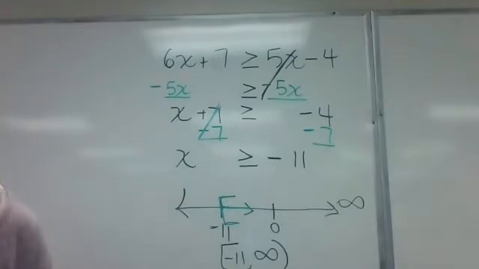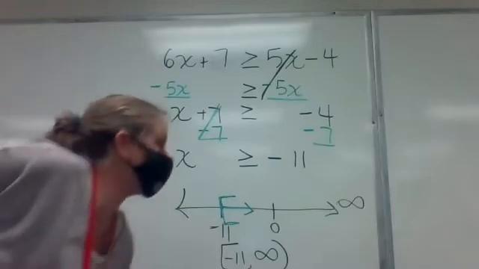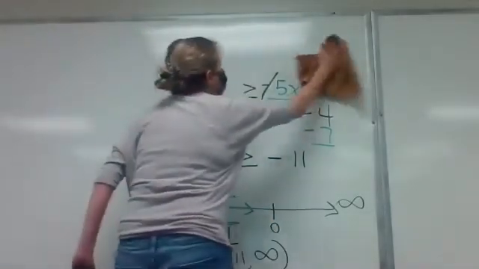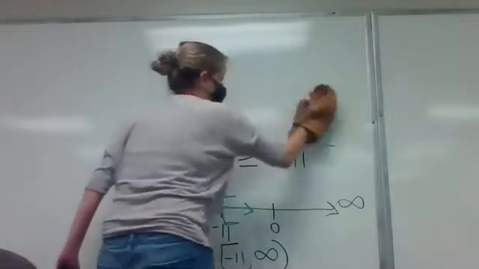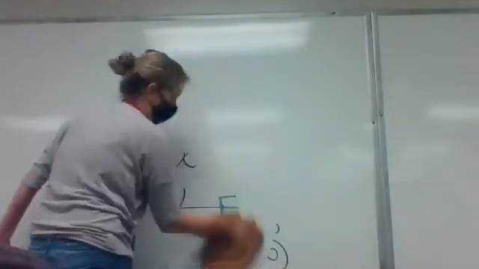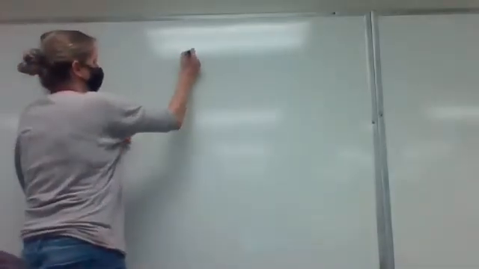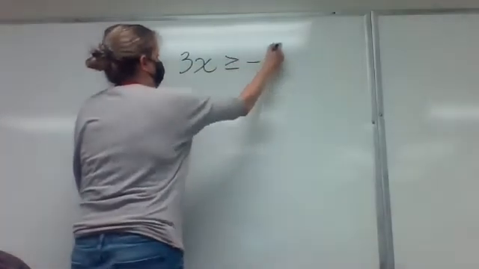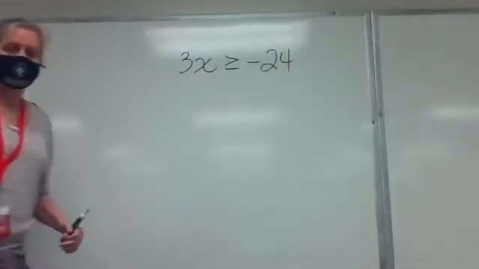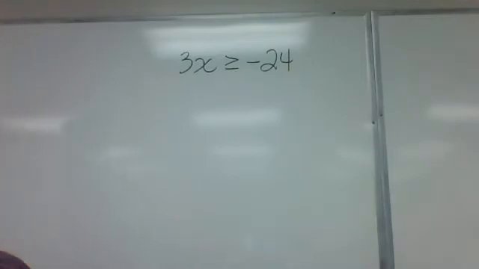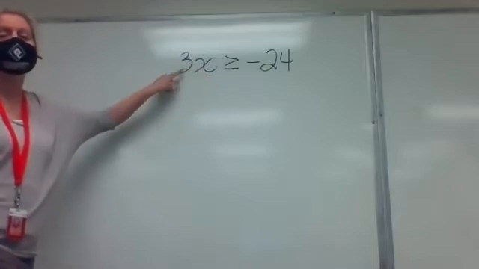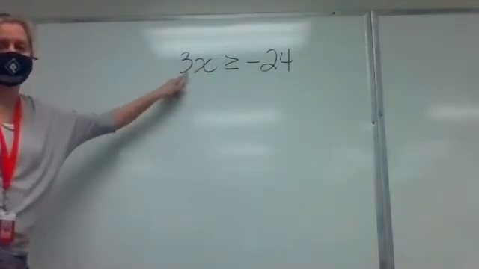Okay, now let's go to number 9. This one says 3x is greater than or equal to negative 24. So for x to be alone, now I do have a hooked on number.